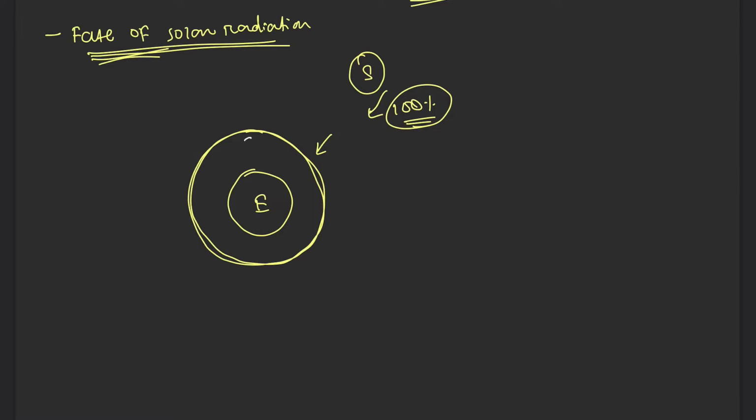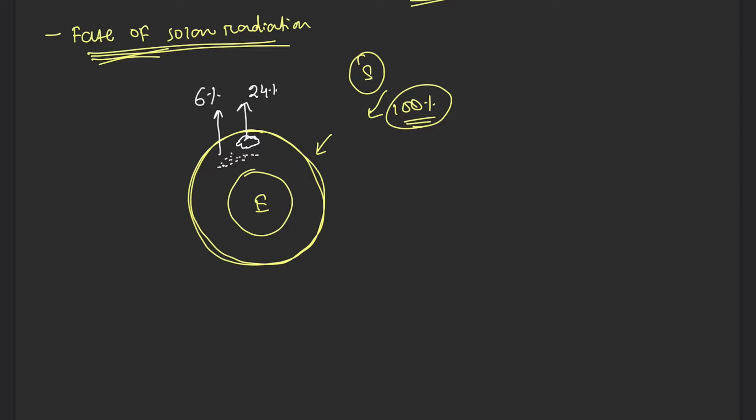In the upper troposphere, we have cloud molecules. In the lower troposphere, we have dust particles, water vapor and gaseous molecules, right? So from 100% solar radiation, clouds reflect around 24% of radiation. Our atmosphere, which consists of water vapors, gaseous molecules and dust particles, reflects 6% of radiation.